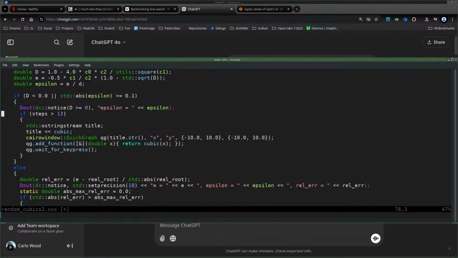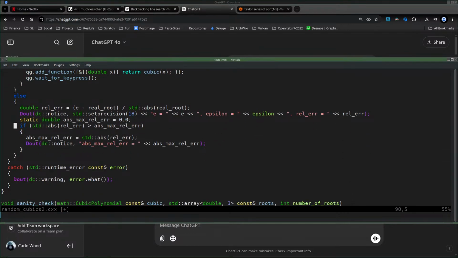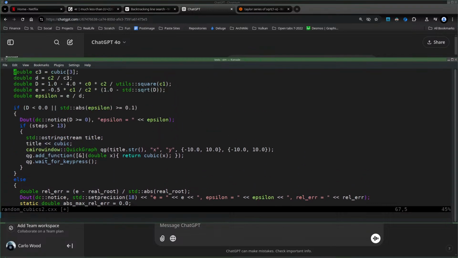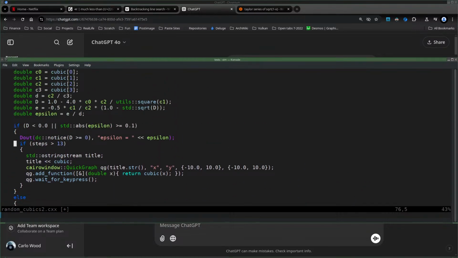And otherwise, we are going to use a different algorithm, and then the question is, if that new algorithm works, then what cubics are still left that will fail? Failing being they are inaccurate with the current algorithm.